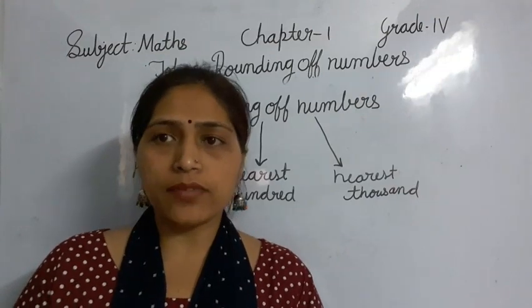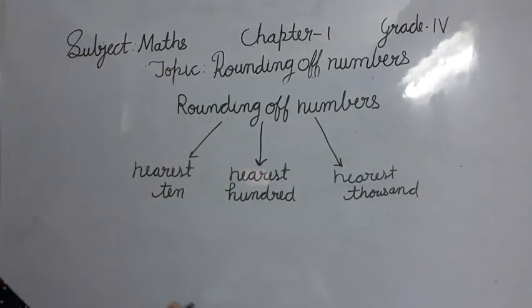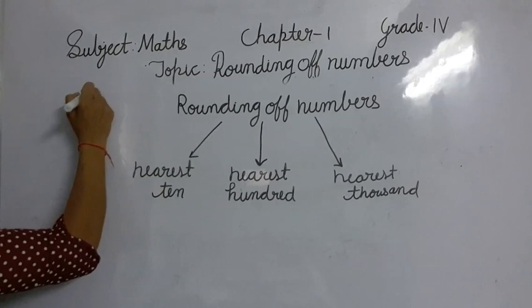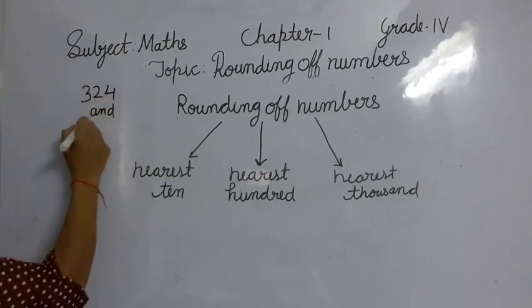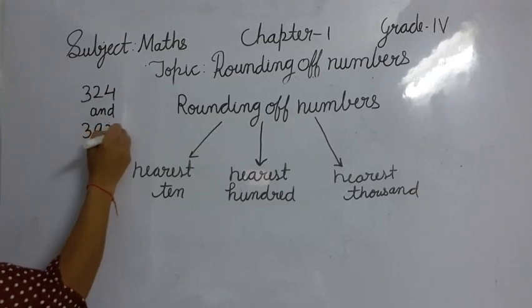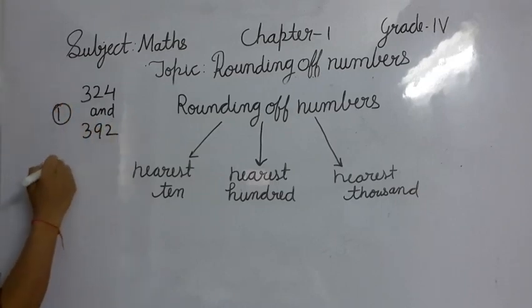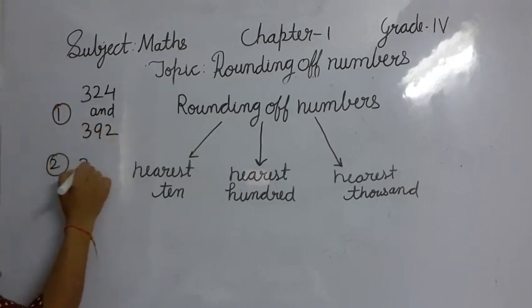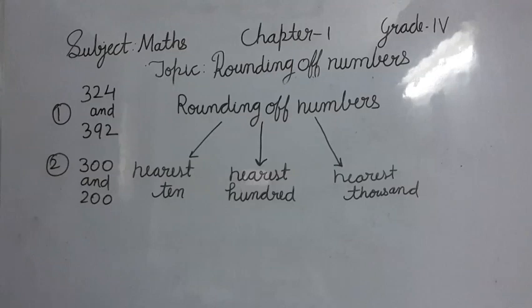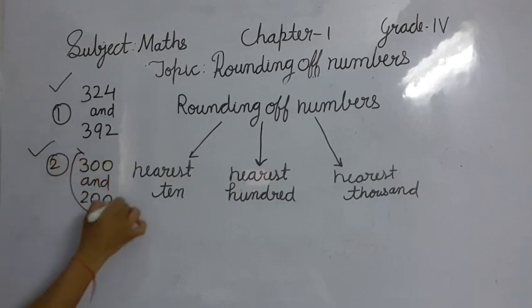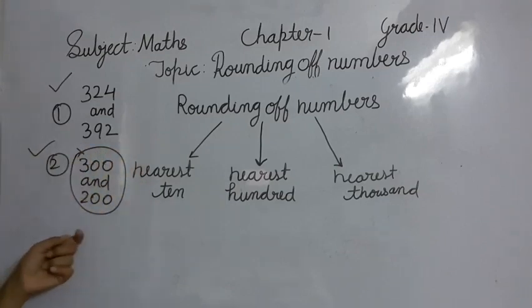For example, if I ask you to add the numbers 324 and 392, that is the first problem. In the second problem, if I ask you to add 300 and 200, which will be easier for you? This one will be easier.